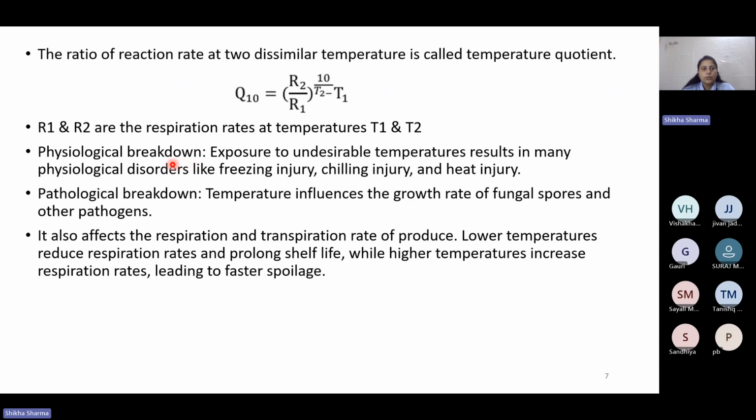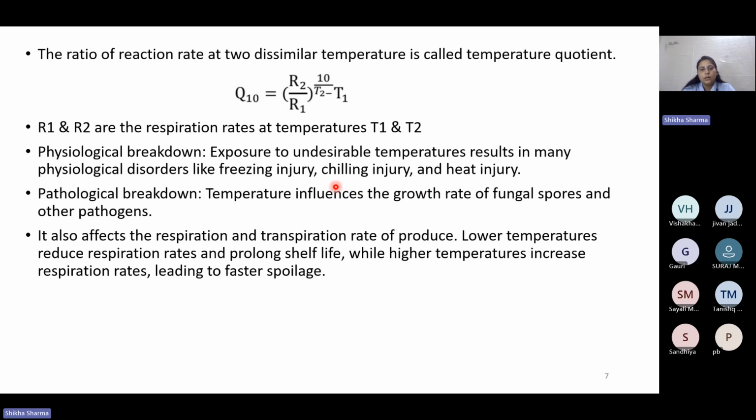Then physiological breakdown basically means there is an exposure to undesirable temperature. It results in many physiological disorders: there can be freezing injury, chilling injury, and heat injury also.